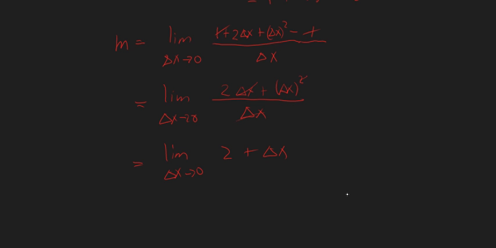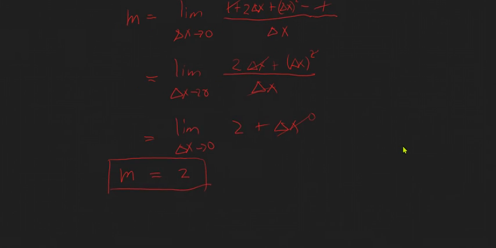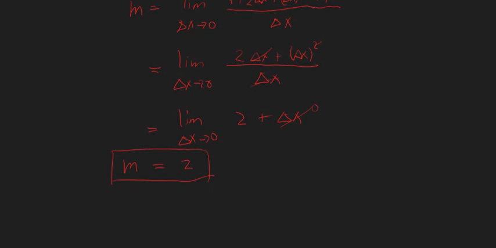And what's the slope now? We just make this one 0 because it's approaching 0. So the slope is equal to 2. So the slope of the function at point 1, 1 is just equal to 2. So that's how we solve the slope of a tangent line given a point.